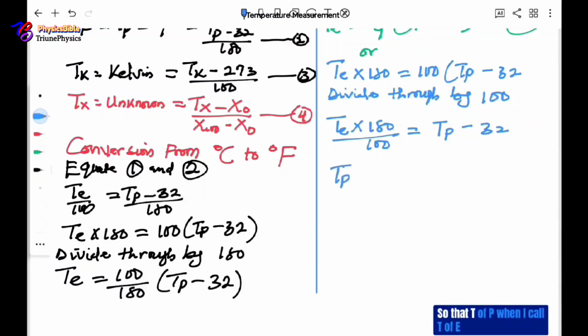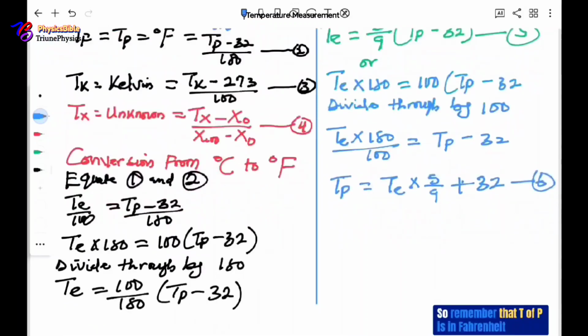So that T_P will now equal T_E multiplied by 180 divided by 100, which is 5/9, plus 32. This gives us equation 6. So remember that T_P is in Fahrenheit and then T_E is in degrees Celsius. Take note of that.